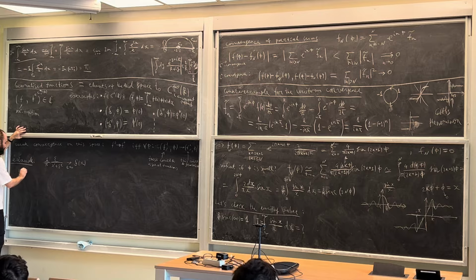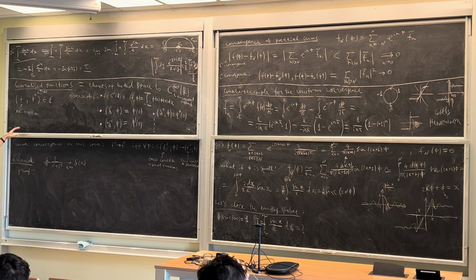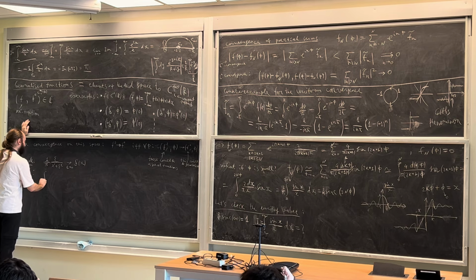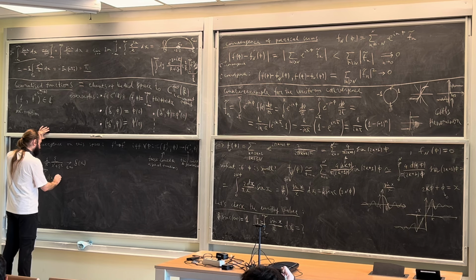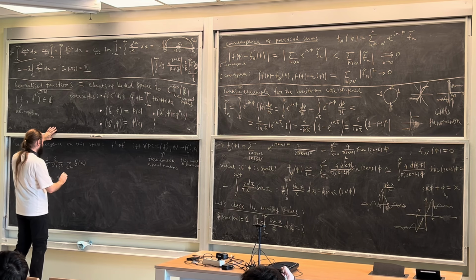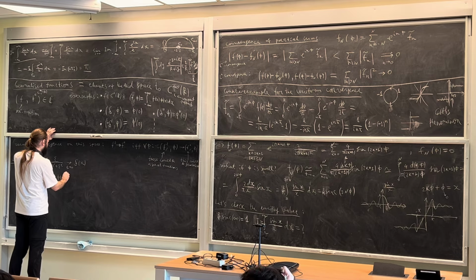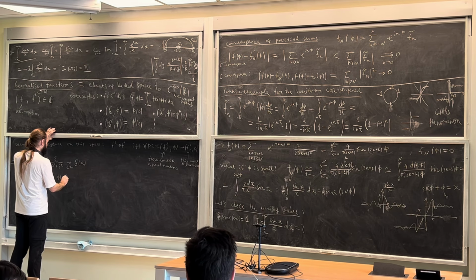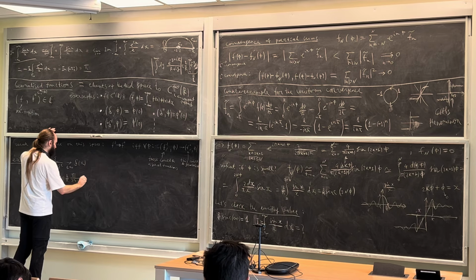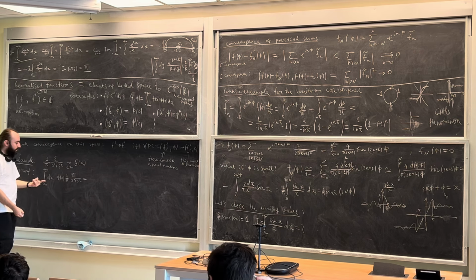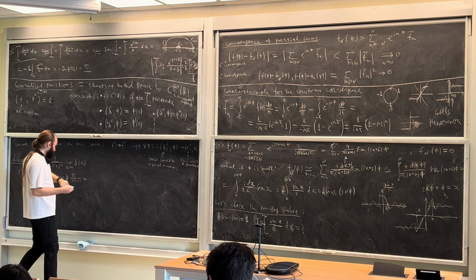Proof of the statement. We can write the integral dx from minus infinity to plus infinity of phi of x times 1 over pi, epsilon over x squared plus epsilon squared, as a sum of two integrals.